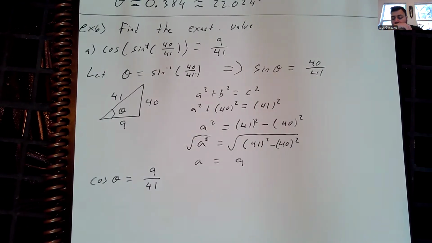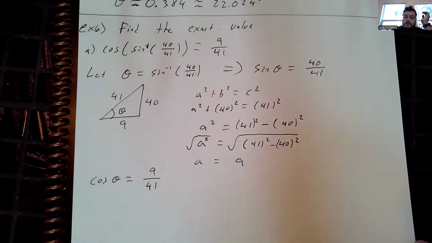Okay, let's do part B anyway. It's the same thing, but cosine of sine inverse of negative 40 over 41.